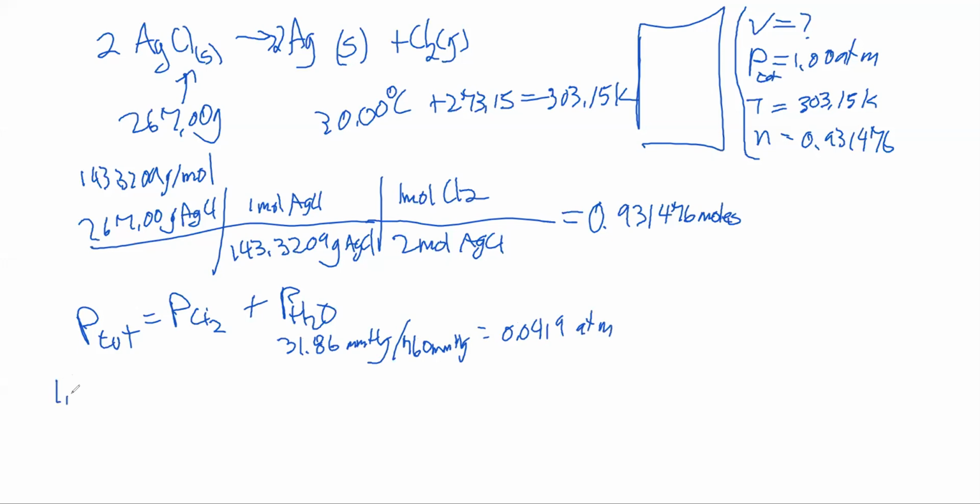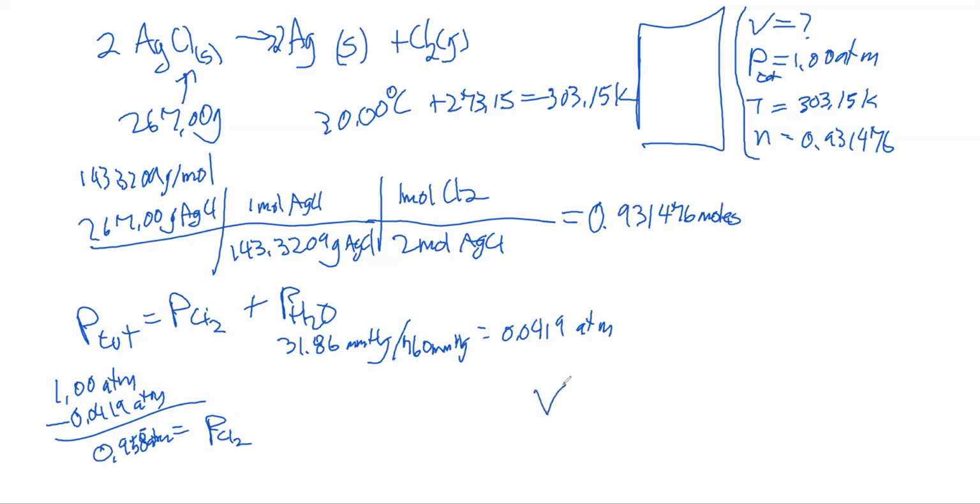And so if I take 1.00 atmospheres minus 0.0419 ATMs, that's going to give me my pressure of my chlorine, which is going to be 0.958. So my pressure of my chlorine, I can now update that. And now we can find our volume.